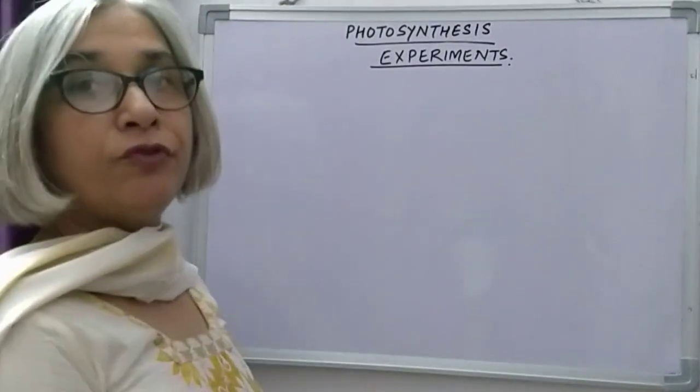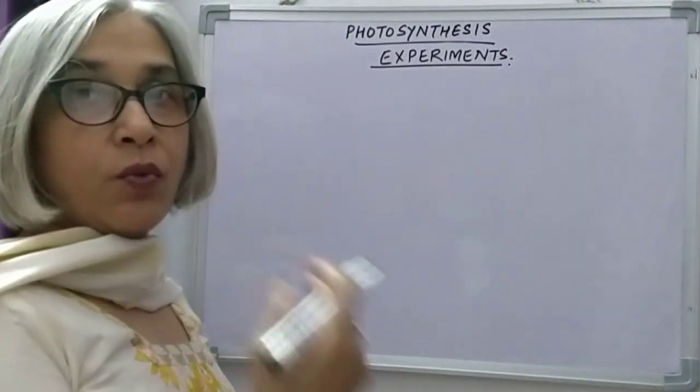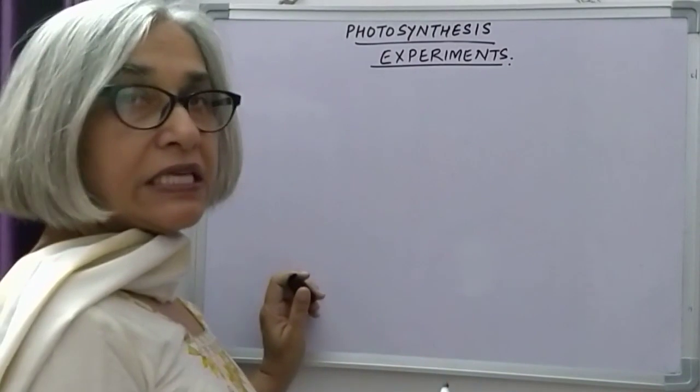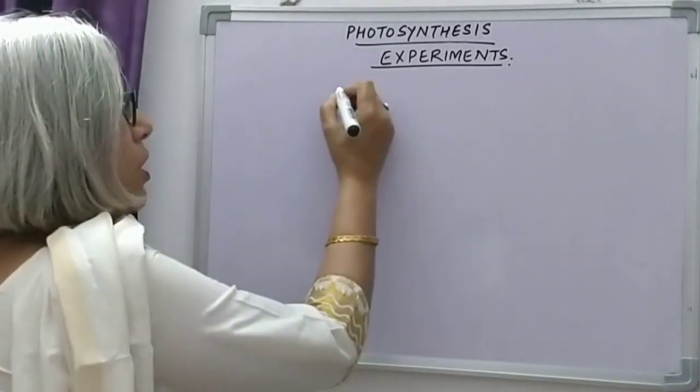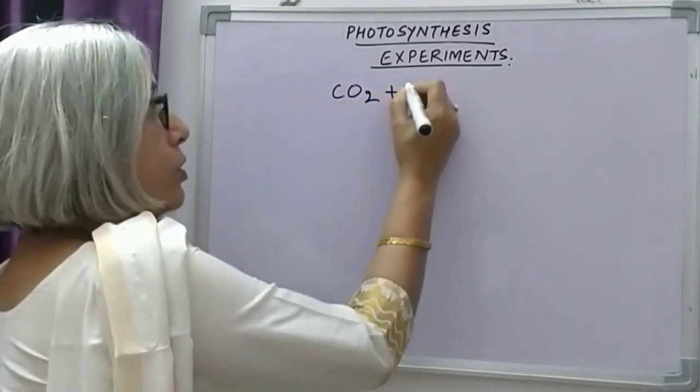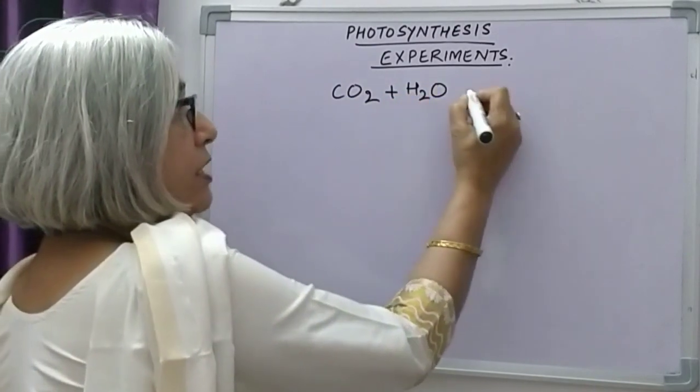So first and foremost, I will write the equation for photosynthesis so that one by one we can discuss each experiment. Now, carbon dioxide and water are the raw materials.